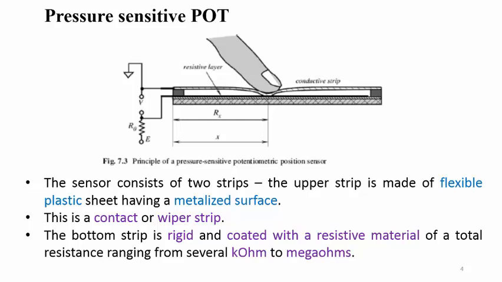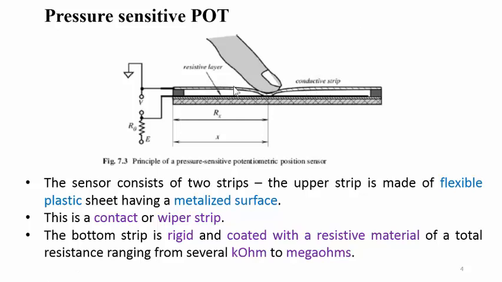One more, a pressure sensitive or pressure based potentiometer, is shown in this figure. In this mechanism we can see the electrode strips, carbon composition strips. This sensor consists of two strips.